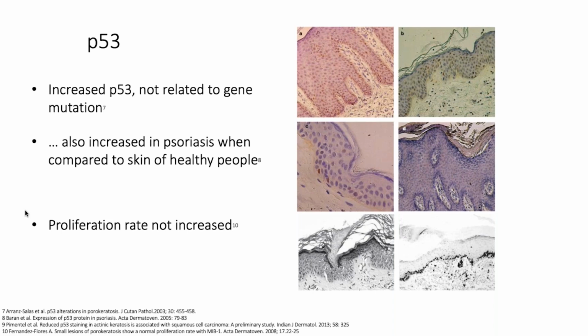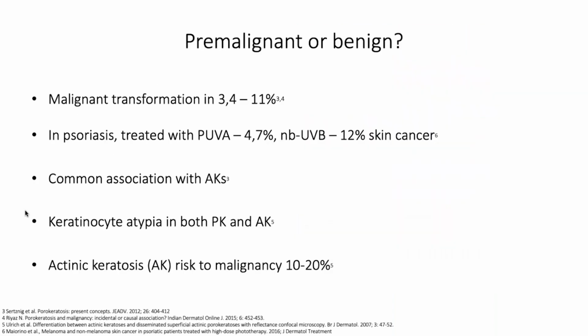And the proliferation rate of cells in porokeratosis is not increased, which all speaks in favor of porokeratosis being a rather benign condition. However, malignant transformation was reported in 3 to over 10% of the patients with all types of porokeratosis. However, in psoriasis treated with UV light, be it PUVA or narrowband UVB, we also see development of skin malignancies in 5 to 12%.